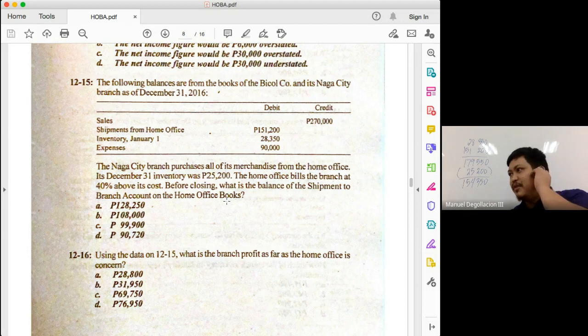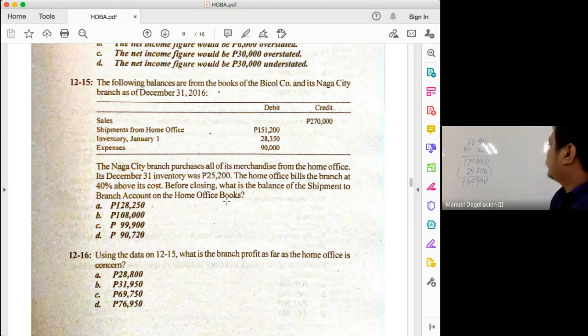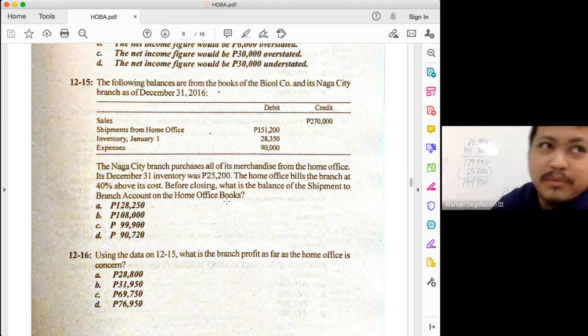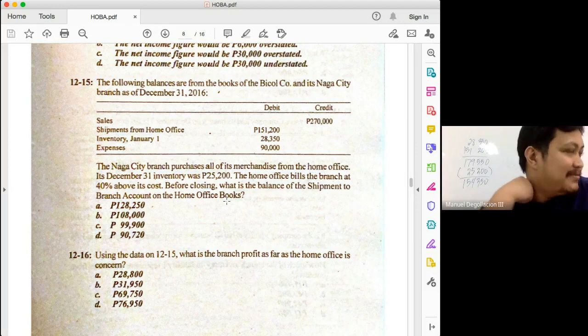How much will that give you? 25,650. This is the profit of the branch as far as the branch is concerned. Okay? Now solve 12-16.